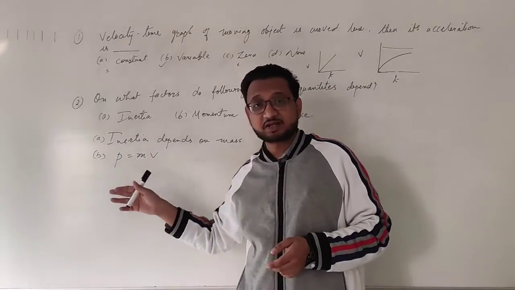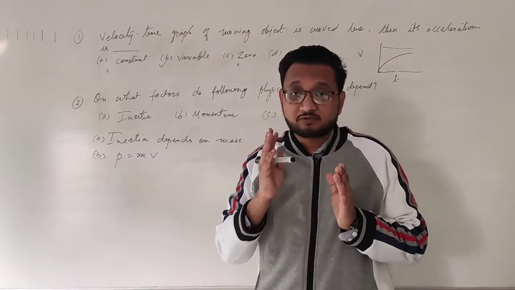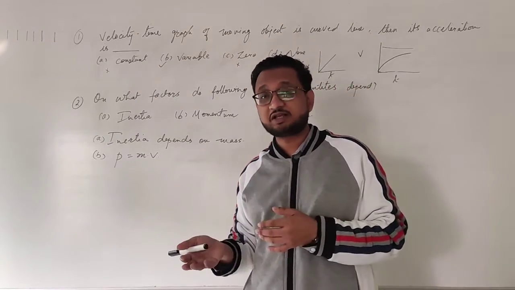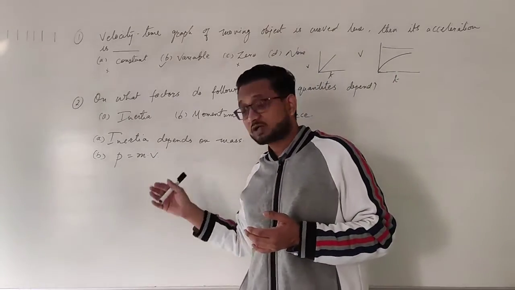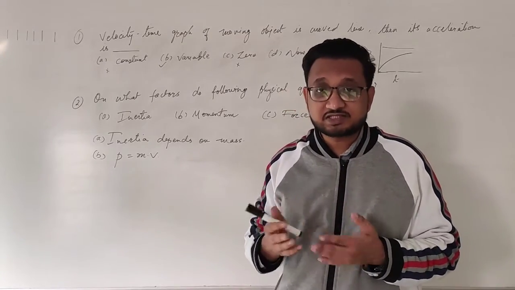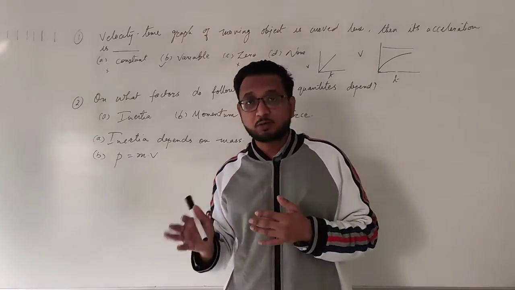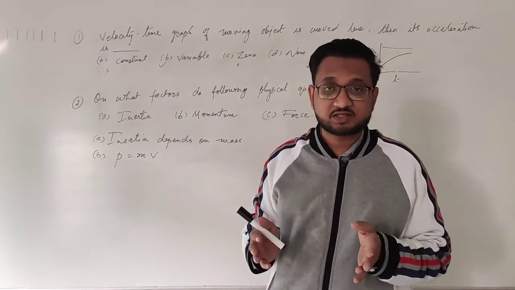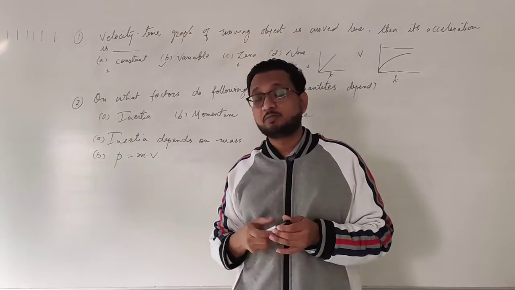Similarly, we have two bicycles with the same mass but different velocities. Then once again we will say that velocity changes and so the momentum also changes. Both of them have the same mass, but the one moving with more velocity has more momentum.